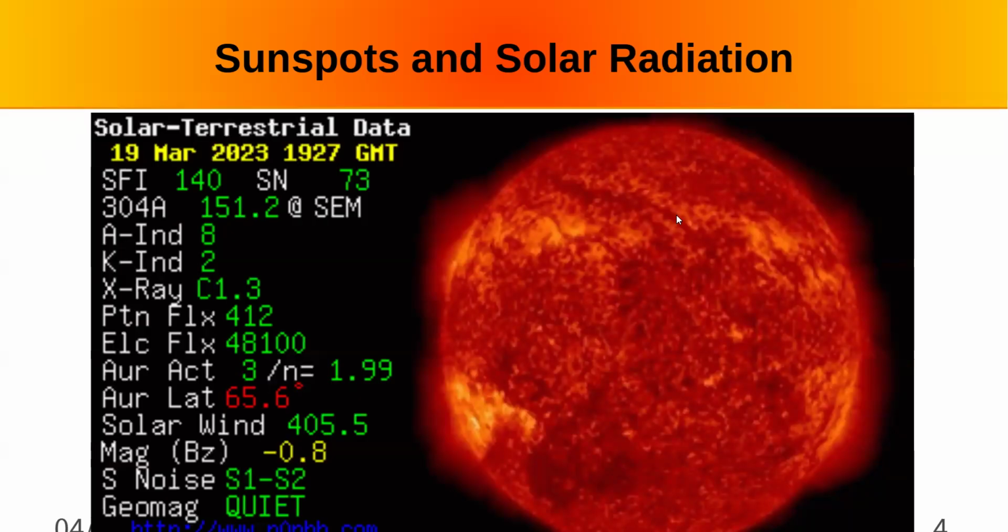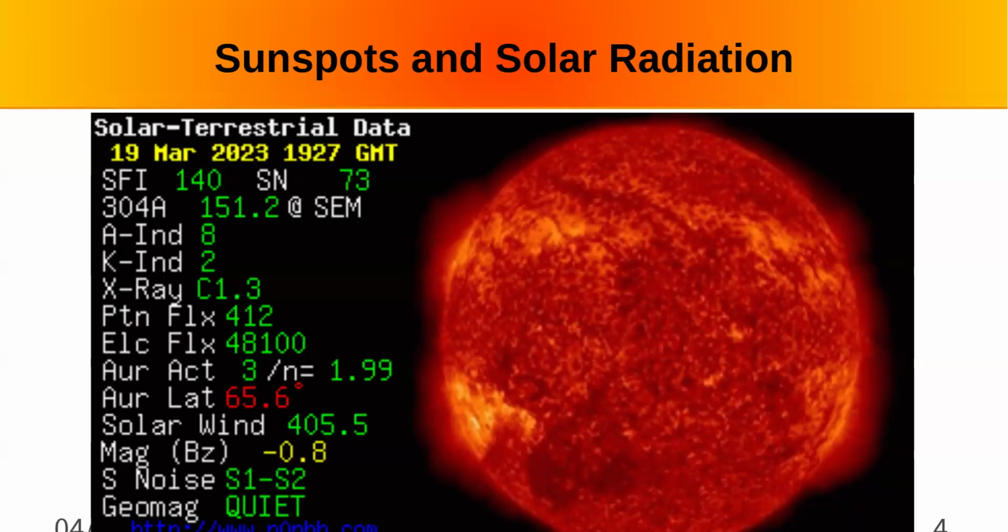This is just showing one of the sites that lists a bunch of these indices. You can see the A index and the K index and the X-ray. There's proton flux and electron flux and aurora activity.